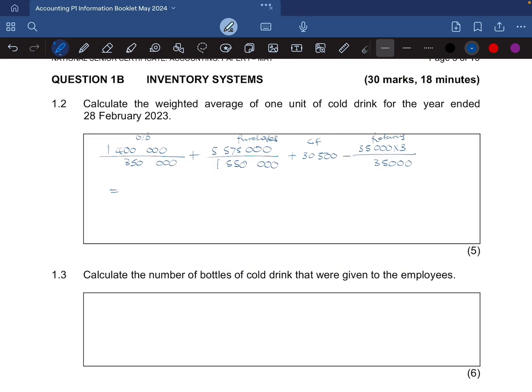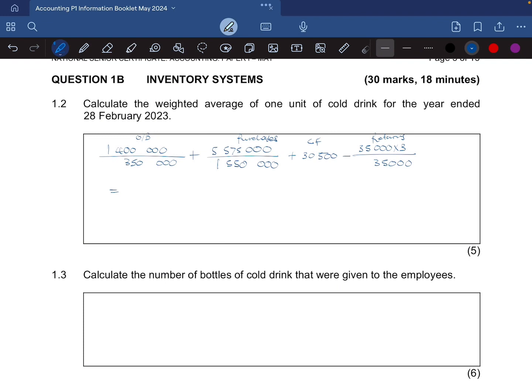Okay, yeah, so let's do 35 plus 30,500, then minus the 35,000 times 3, which is going to give us 105,000. So we simply put that in, divided by 35,000.